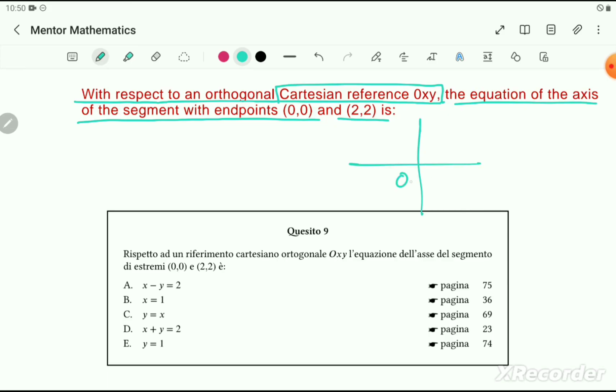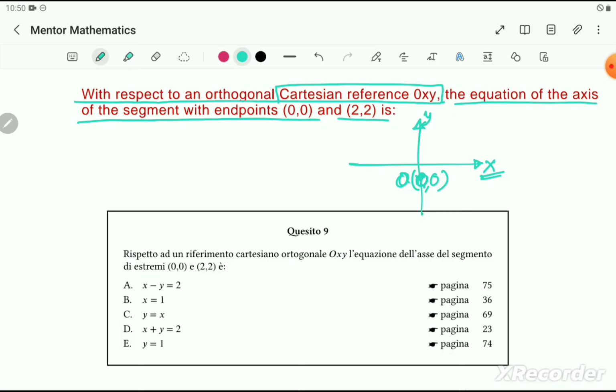OXY means O is the origin, x represents the x axis, y represents the y axis, and the center is O, which has the value (0, 0).